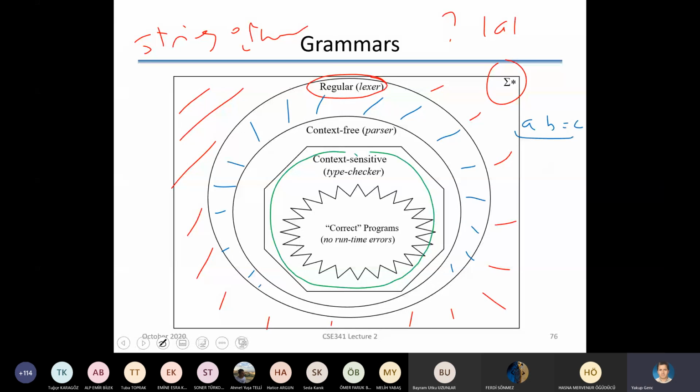And even that is not going to be a correct program, because even if it goes through the context-sensitive checks, it may still crash. It may still not run as you want. So a correct program with the semantics you intended cannot be captured even with any of these things. There are things that will not be captured by this side here.